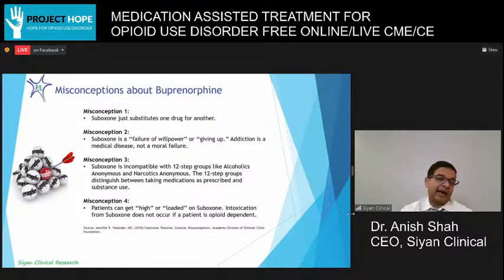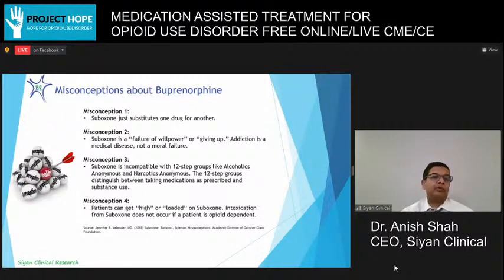In your clinical practice, if you see somebody high or loaded on Suboxone, then there is a very good chance that the patient is also using other illicit substances like cocaine, benzodiazepines, marijuana, or severe alcohol, because those substances would also augment the effect of buprenorphine.